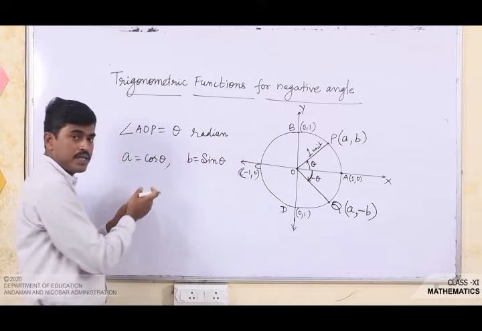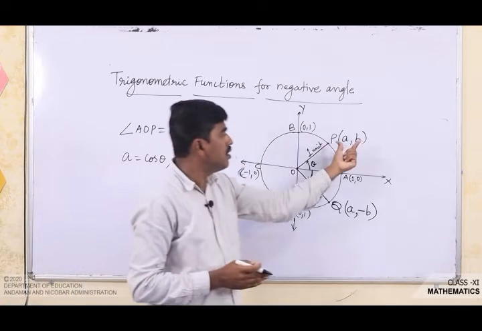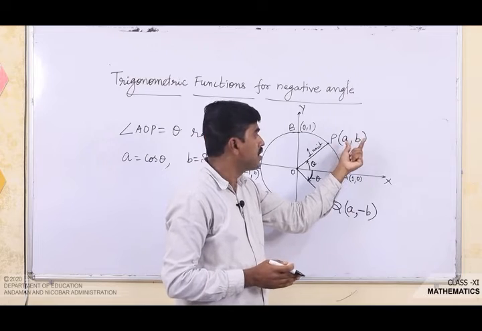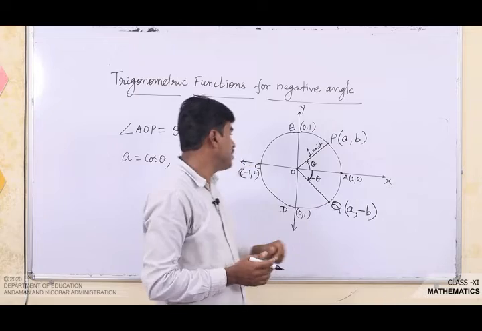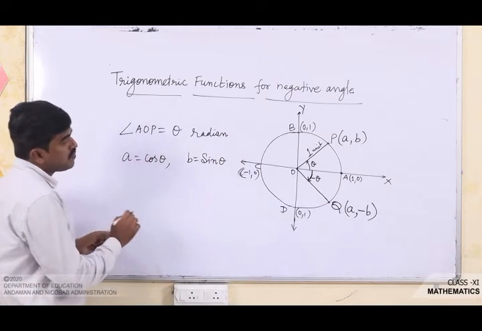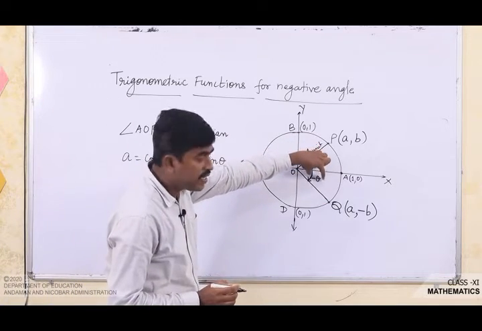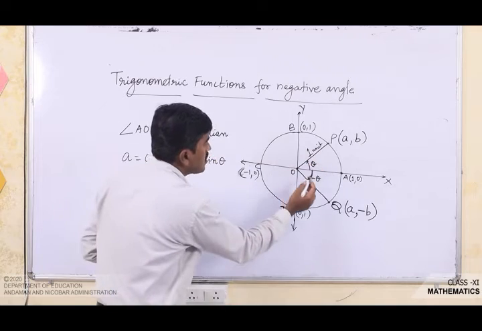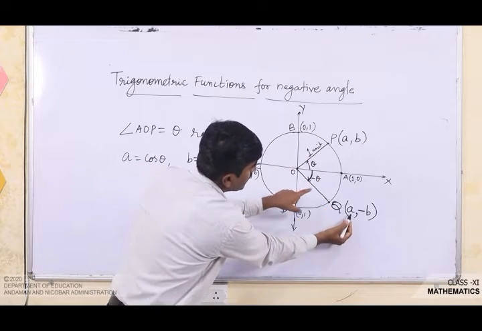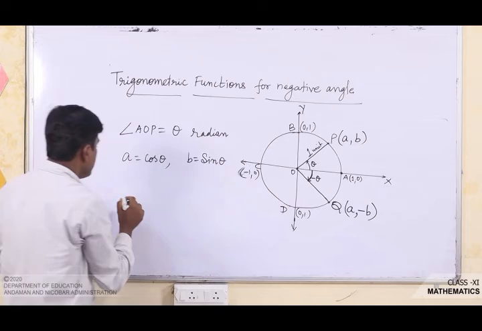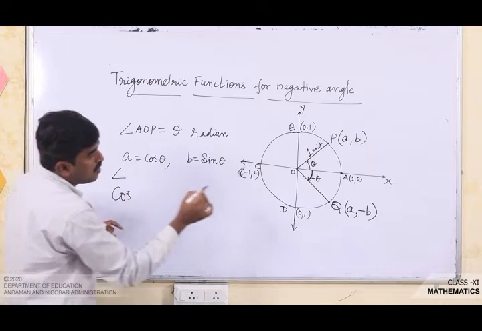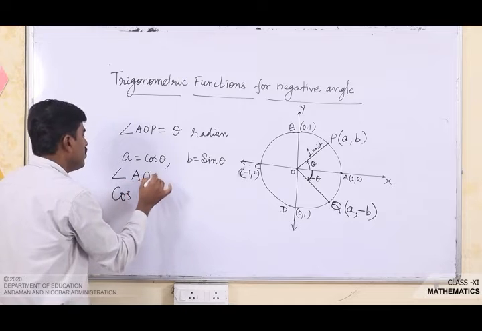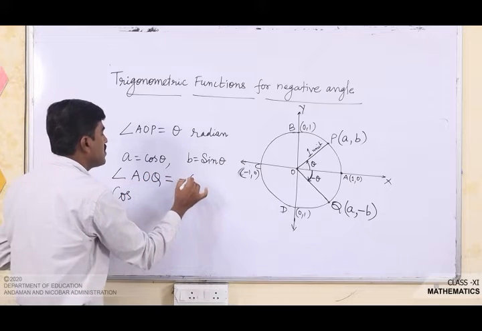Here we got the cosine and sine function, that is, the coordinates of this point P can be represented by cos theta comma sin theta. Now if we take minus of theta, again here the x coordinate is A, so cos of angle AOQ is equal to minus theta.